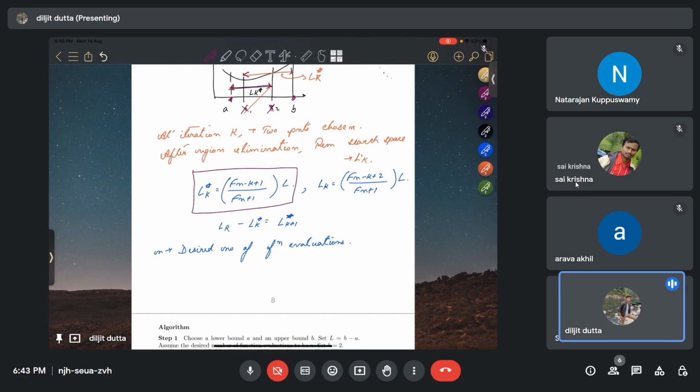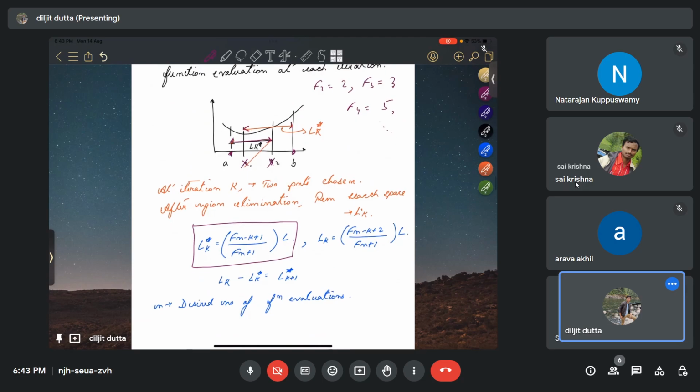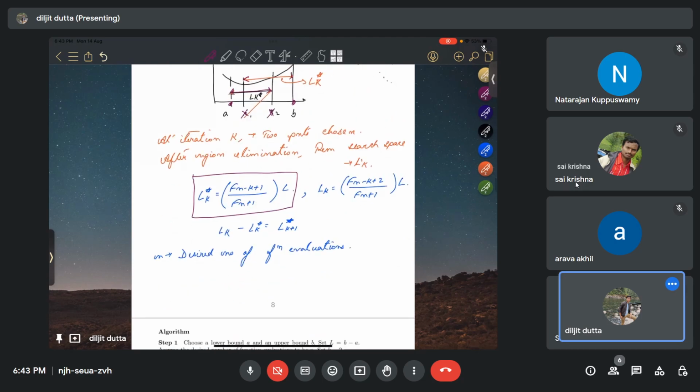N is the desired number of function evaluations, that is, the total number of evaluations we want to do. It can be taken as 5 or 6, or whatever based on your requirement. And k is the iteration number. In the first iteration, k is equal to 1.